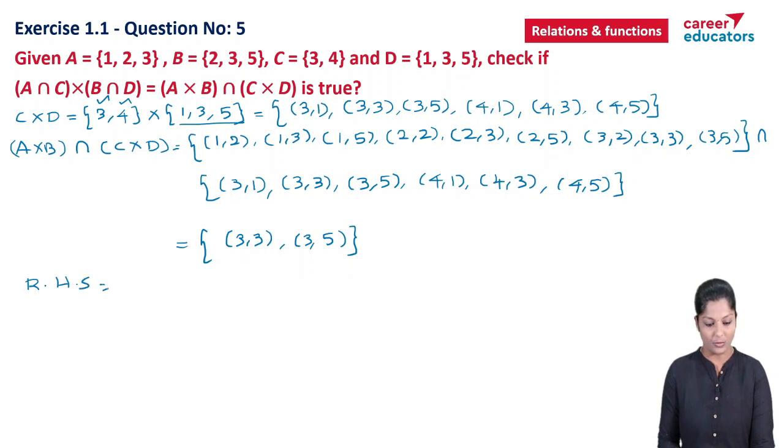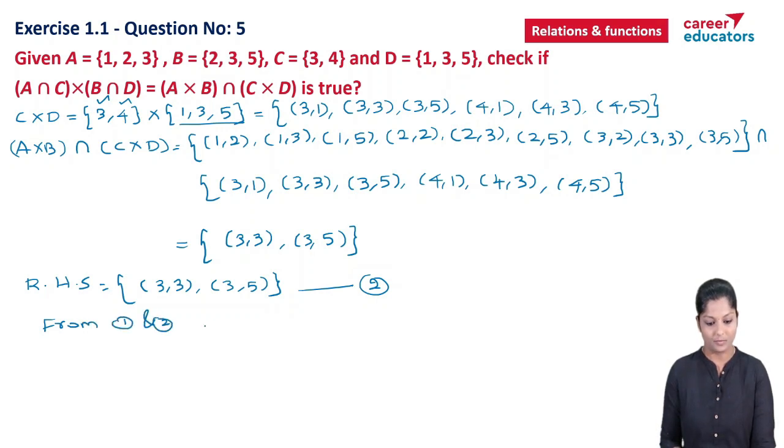RHS equal to (3,3) and (3,5). We'll mark this as 2. From 1 and 2, LHS equal to RHS. Hence, it is verified.